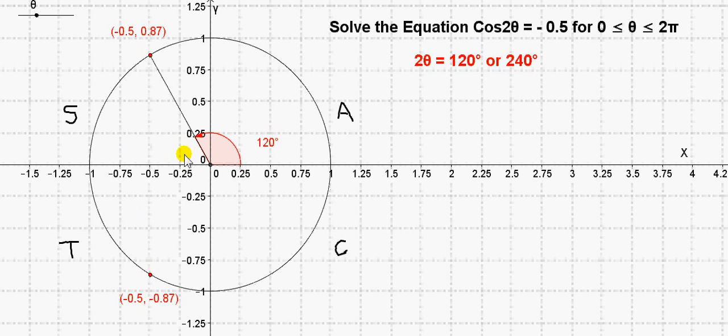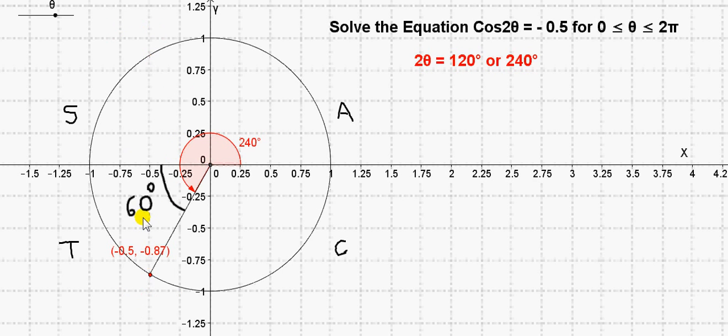Well, to find this angle, we take 120 from 180 degrees, and we get 60 degrees. We reflect that angle through the x-axis. So in this case, we can see that our reference angle is 60 degrees. So what we need to do is add 180 degrees onto 60 degrees to get our answer, 240 degrees.